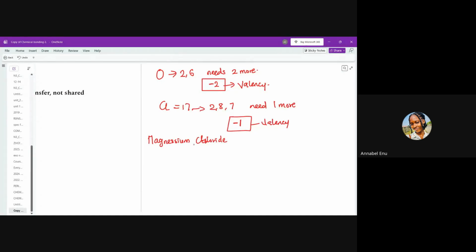We would also write the formula for sodium oxide. Write the formula for calcium chloride. So all of these are ionic compounds. So we're going to write the formula for all of this.